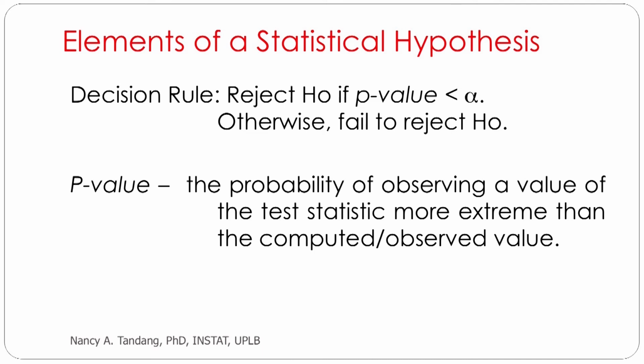So ito lang po, caution lang, no? When we cannot reject H0, it doesn't mean that we are accepting the null hypothesis. Halimbawa po, yung H0 mo ay equal, ang HA mo greater than, then your decision is fail to reject H0. So hindi naman ibig sabihin nun na you are declaring that it is equal. It's just that your sample is not sufficient enough to support the researcher's hypothesis.